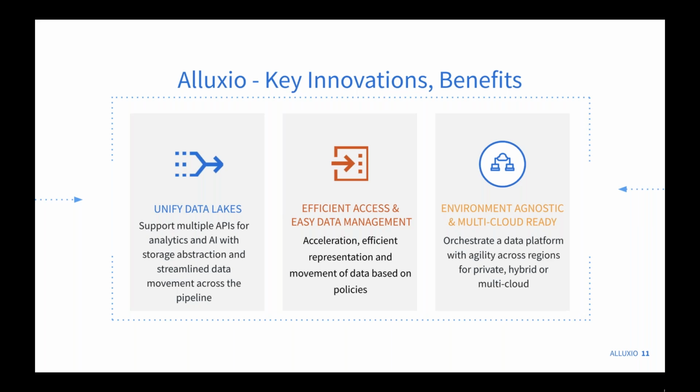Now, the last one, and I already mentioned this, is just the agility that is provided as your platform evolves, something which can be replicated across private data centers or a public cloud. So this agility is a really unique feature of what Alluxio provides across various different compute engines.